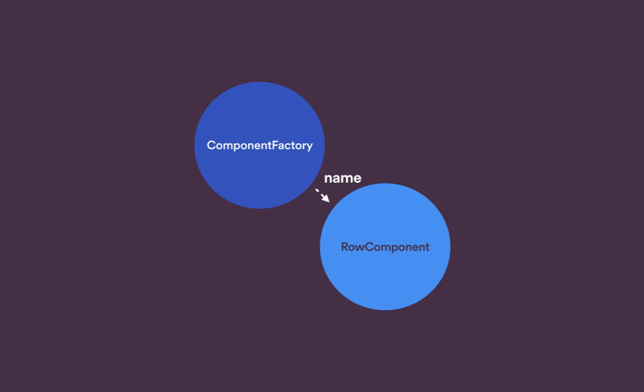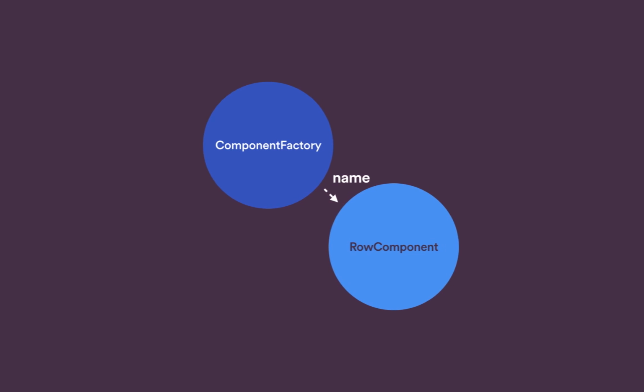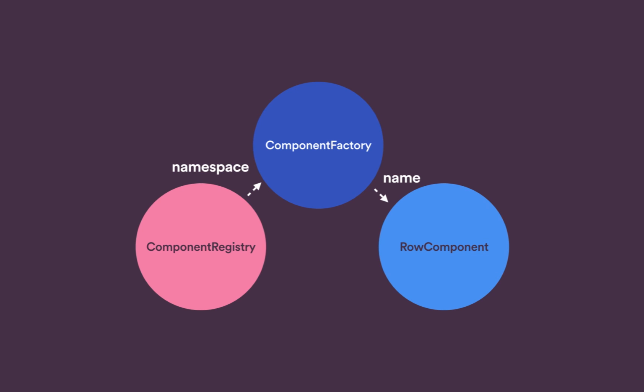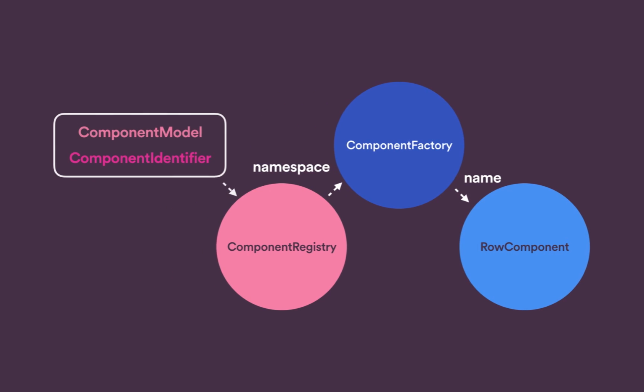Now, as you can see here in this diagram, the component factory gets a name that it resolves a component implementation for. In our case, it might be the row name that it resolves to your row components. And then the component factory is registered into the framework in the component registry for a certain namespace. And then when a model shows up that has a component identifier that matches this namespace, the component registry is going to call this component factory with the name part of the identifier and ask it to resolve this component.